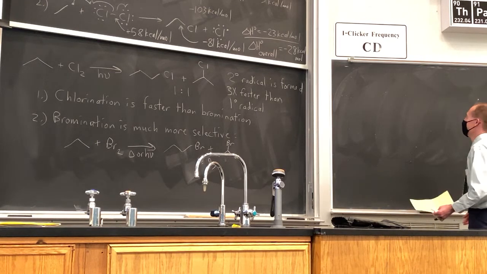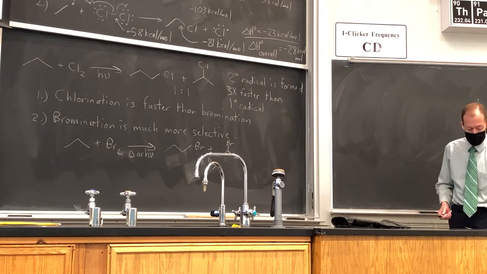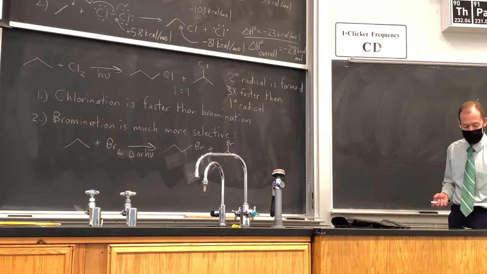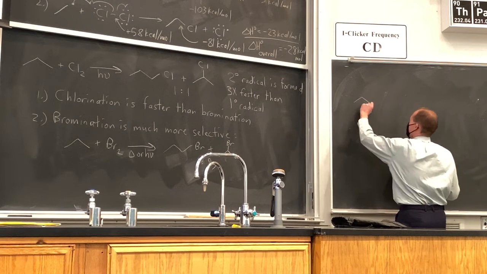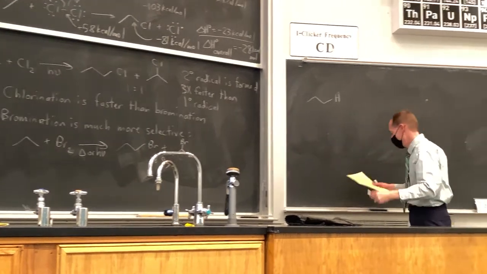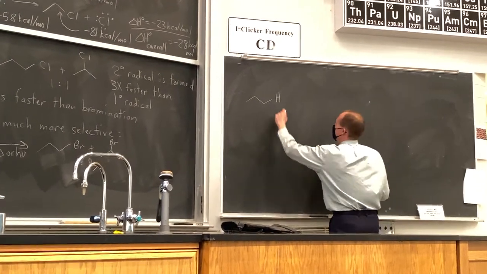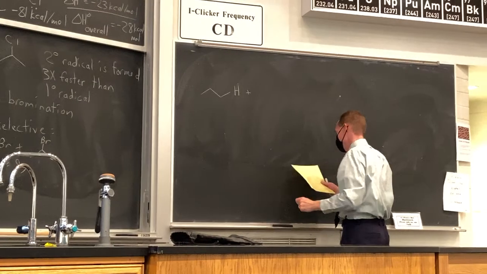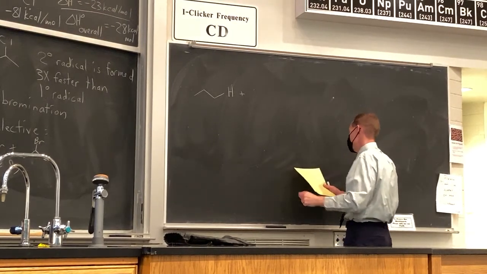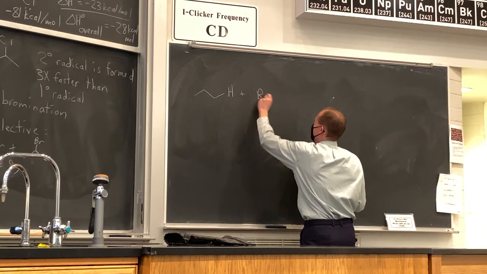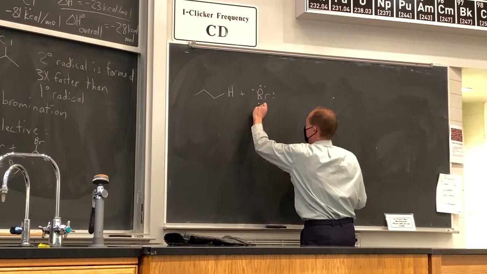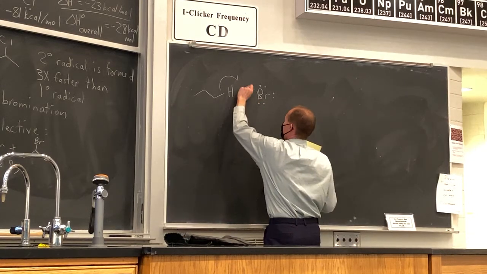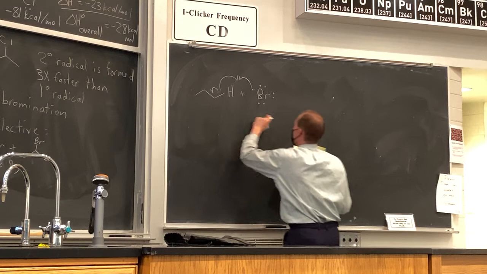Okay? So to understand that difference, we need to look at the thermodynamics, the delta H's, for our 2 propagation steps. We did this for the chlorination. Now we need to do it for the bromination because we're making and breaking different types of bonds in this case. In propagation step number 1, we're breaking a carbon-hydrogen bond.